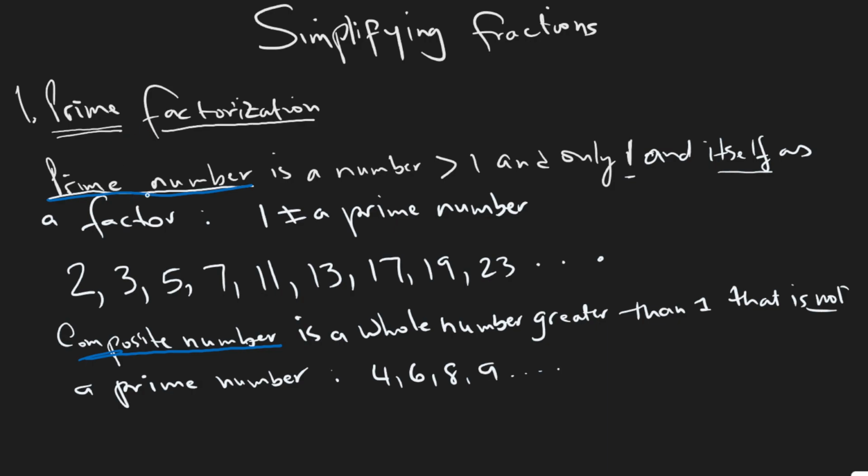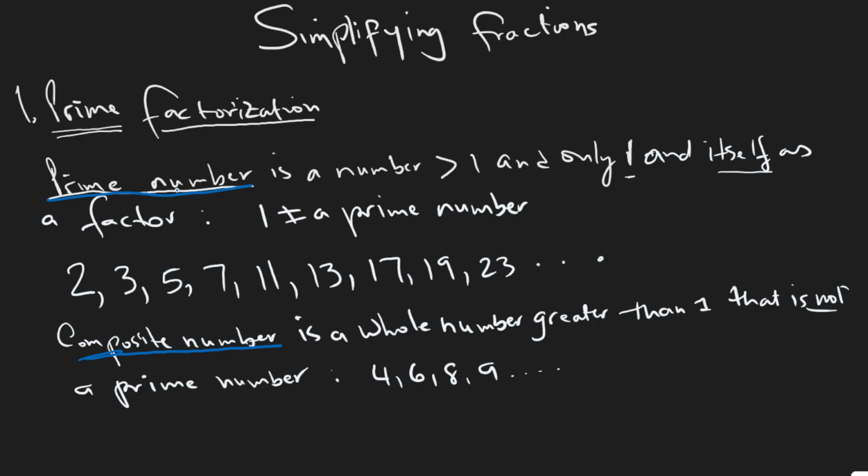Prime factorization. To factor whatever number I'm going to give you, we need to decompose that number into its prime factors, and then write it as a product of prime numbers.